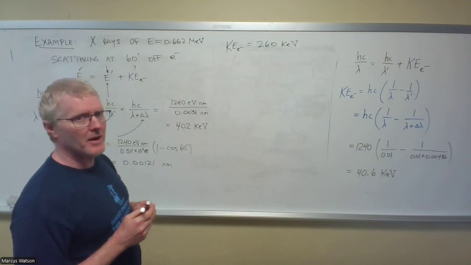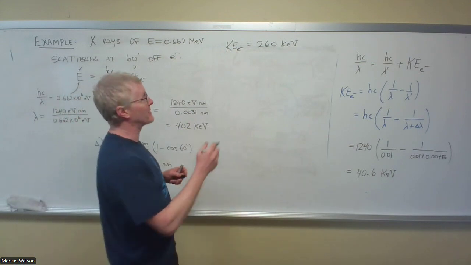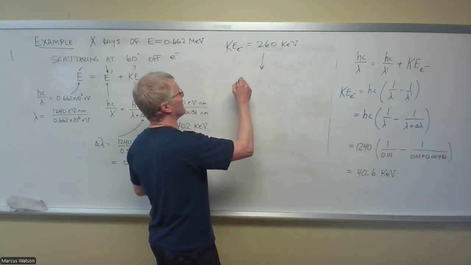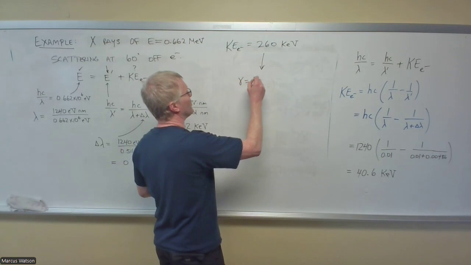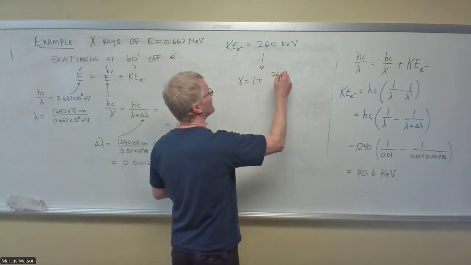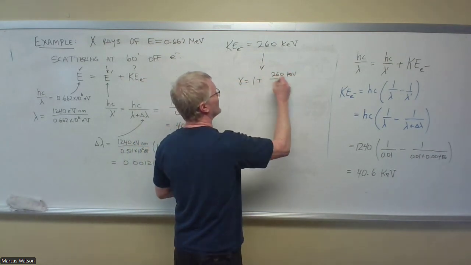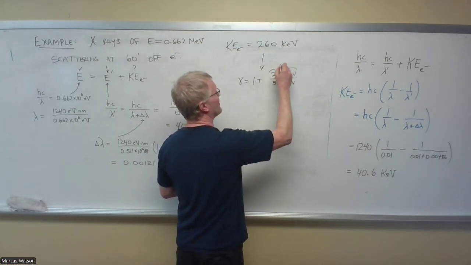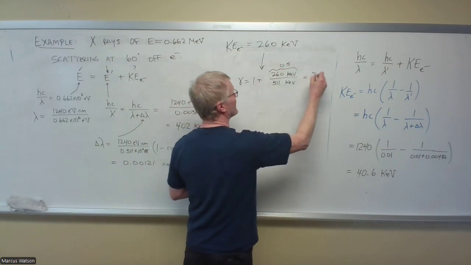So thinking about a quick calculation of the gamma factor in this case, you can see here that gamma would be 1 plus 260 keV over 511 keV, and this is about equal to 0.5. So gamma here is going to be 3 halves.